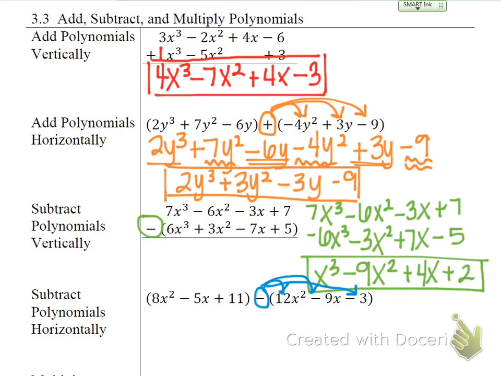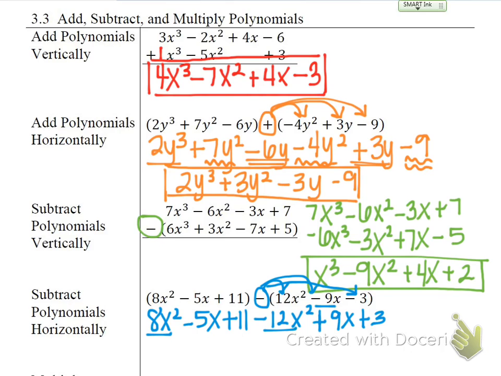So let's rewrite the whole thing without the parentheses. That's going to give me 8x squared minus 5x plus 11 minus 12x squared. Negative times a negative gives me plus 9x plus 3. So that negative changed the sign of every single term behind it. Okay? And then we just combine like terms.